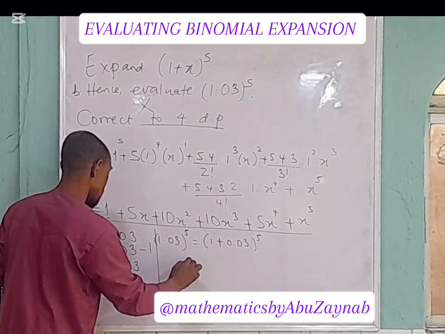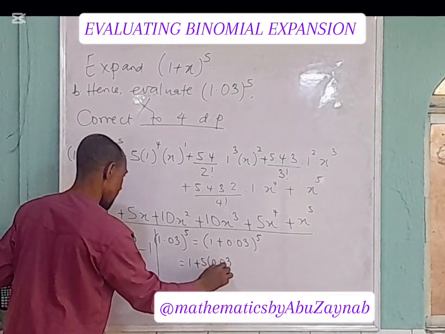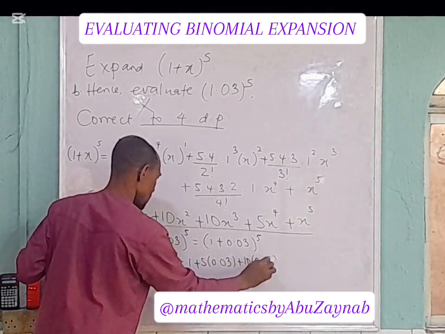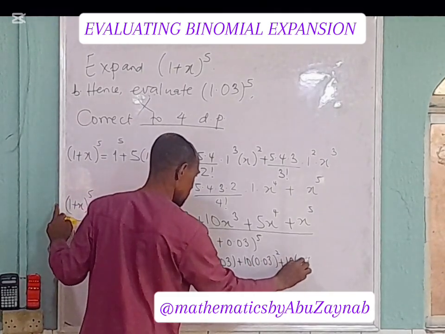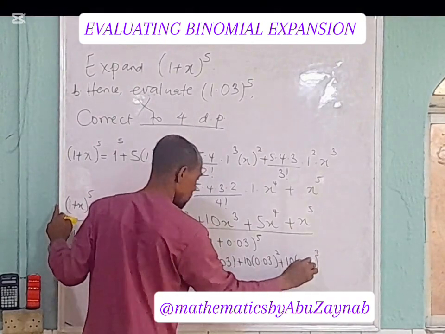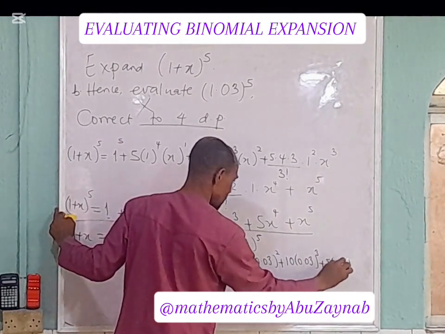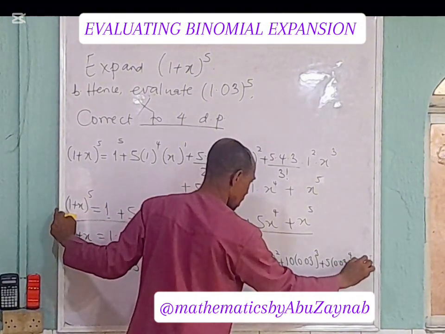Then this becomes 1 plus 5 times 0.03 plus 10 times 0.03 squared plus 10 again, 0.03 cubed plus 5 times 0.03 to the power 4 plus 0.03 power 5.